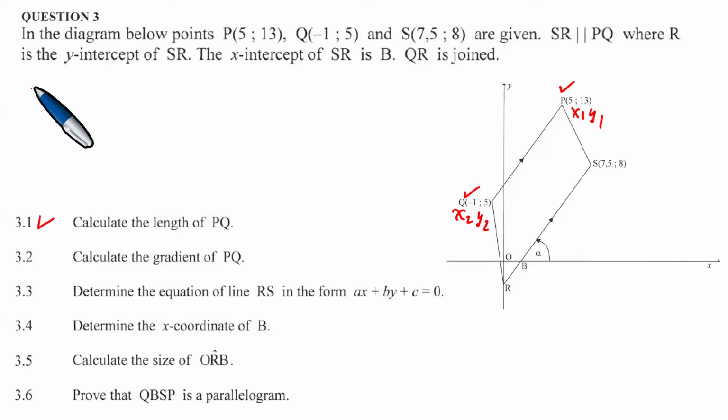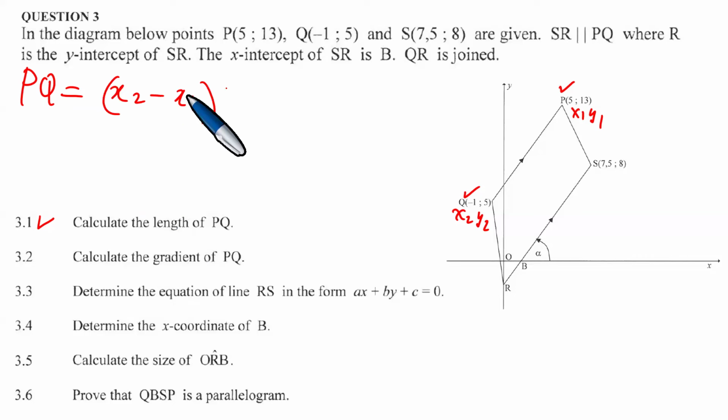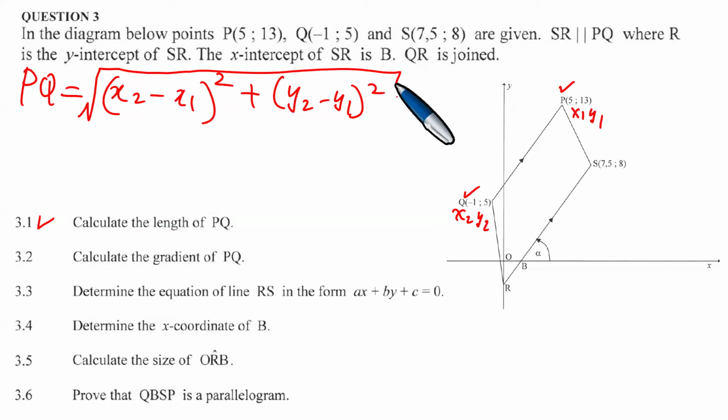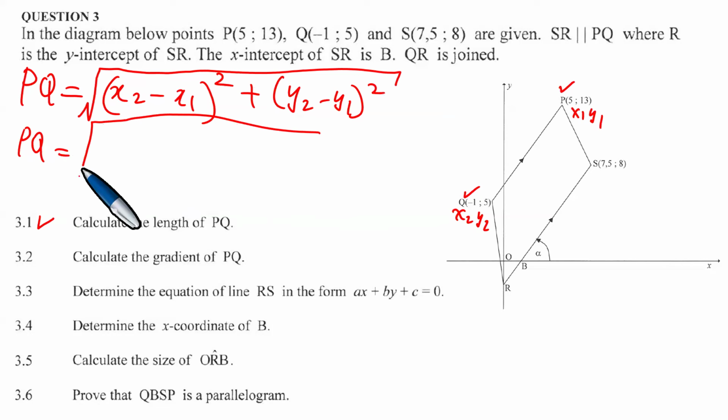To find the length, we use the distance formula: the square root of (x2 minus x1) squared plus (y2 minus y1) squared.